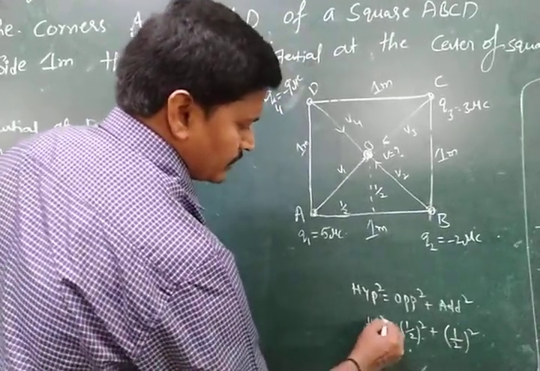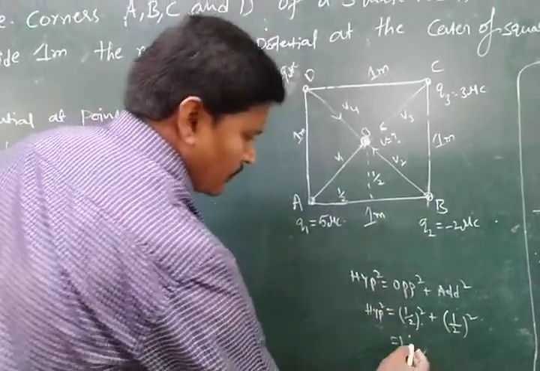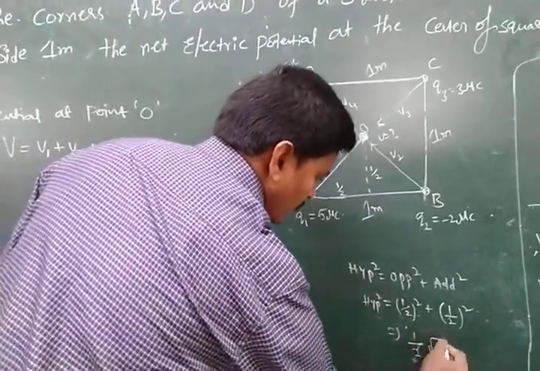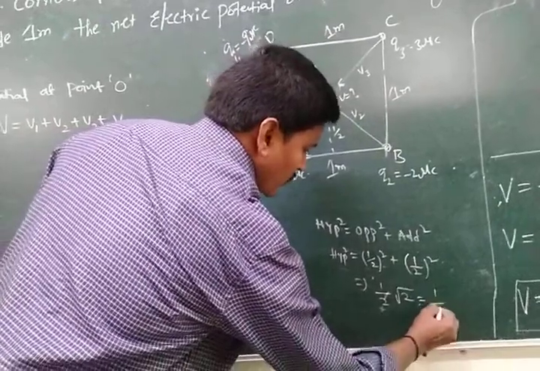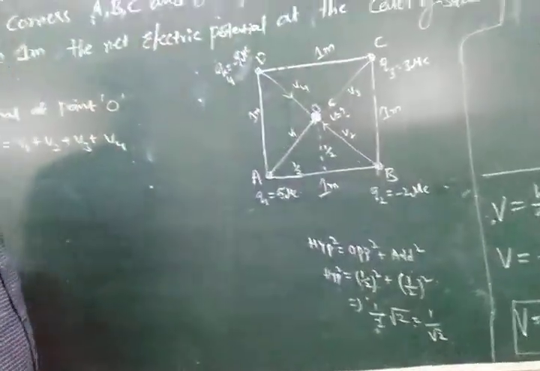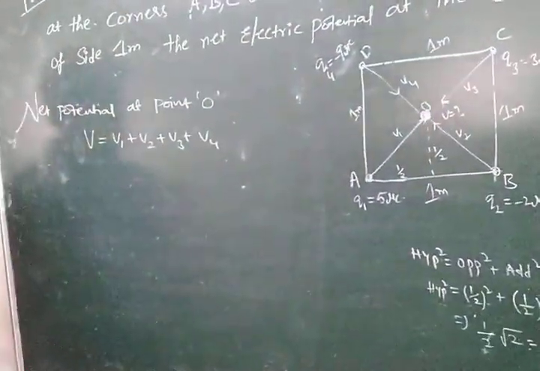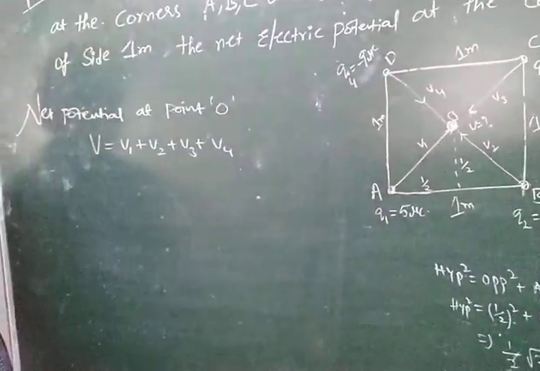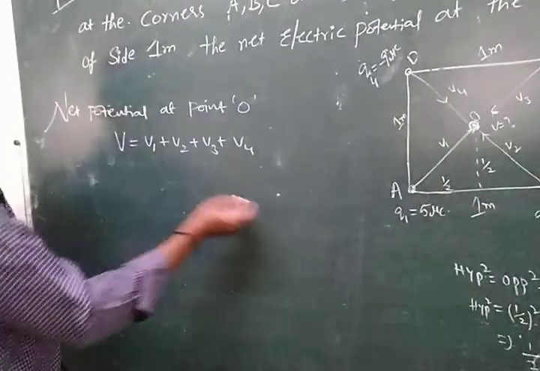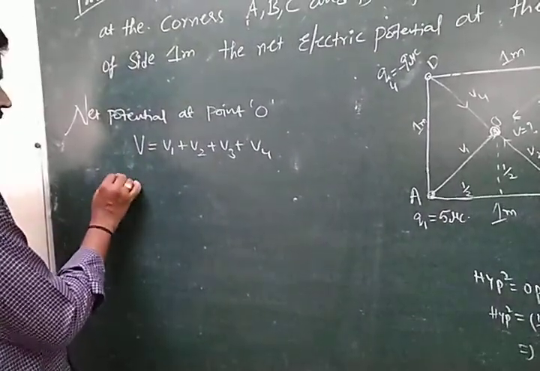Hypotenuse square is equal to 1 by 2, so the square root of that is 1 by root 2, 1 by root 2. So 1 by root 2 is the distance.